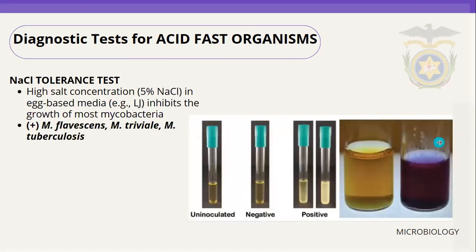Next test is the sodium chloride tolerance test. High salt concentration in egg-based media inhibits the growth of most mycobacteria. So the positive organisms here are Mycobacterium flavescens, Mycobacterium triviale, and Mycobacterium tuberculosis.